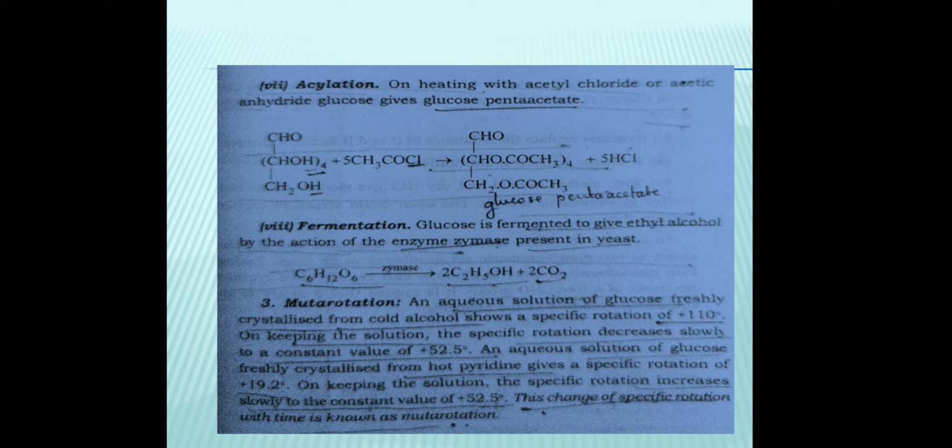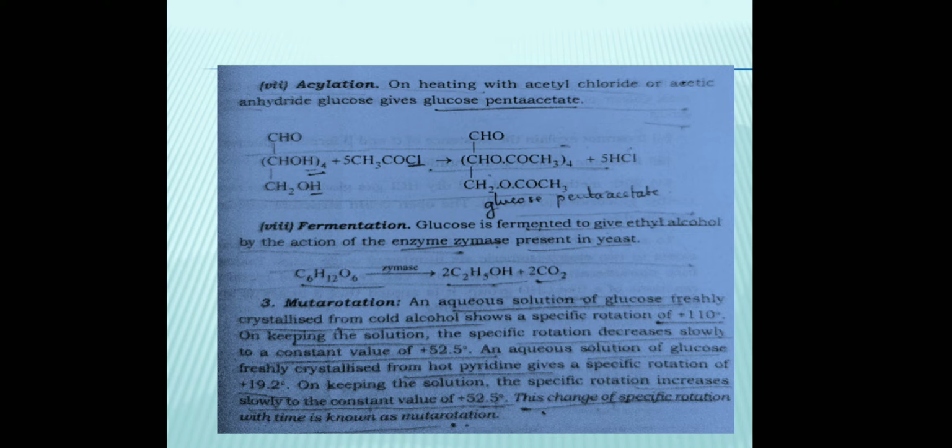Mutarotation. An aqueous solution of glucose freshly crystallized from cold alcohol shows a specific rotation of plus 110 degrees. On keeping the solution, the specific rotation decreases to plus 52.5 degrees.